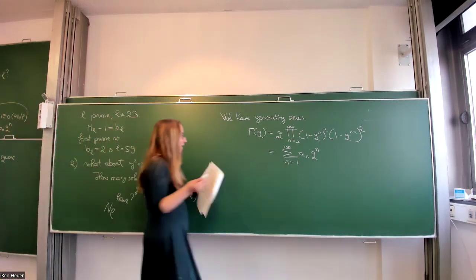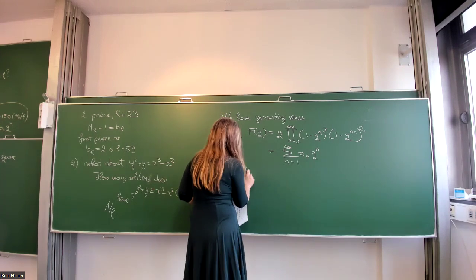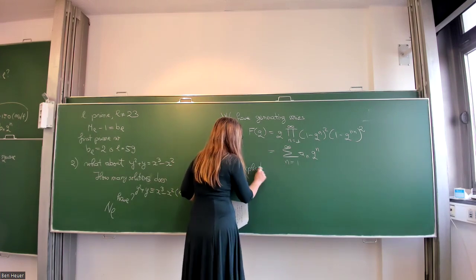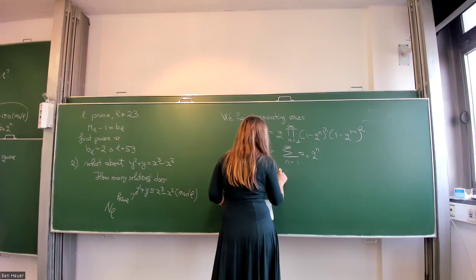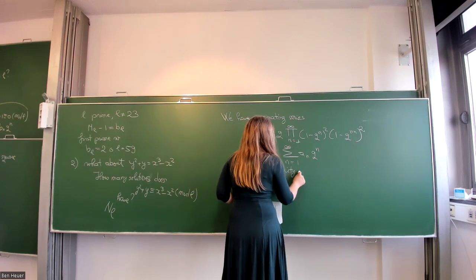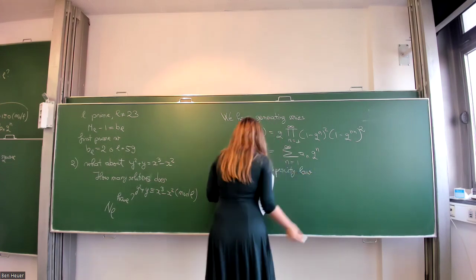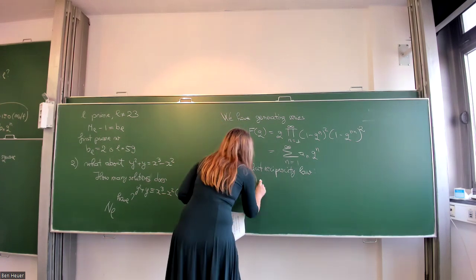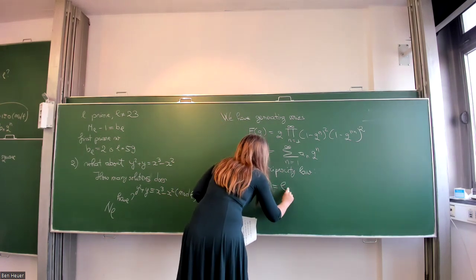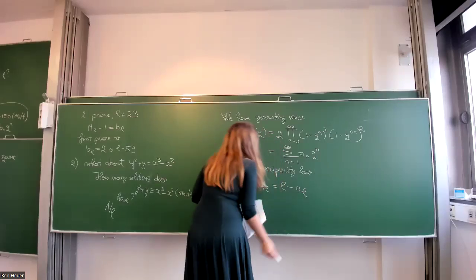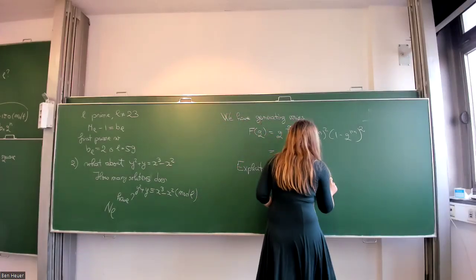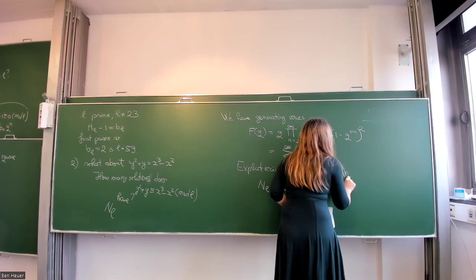So the explicit reciprocity law in this case is that N_L is equal to L minus a_L. And this is for L prime, and I'll say L different from 11.